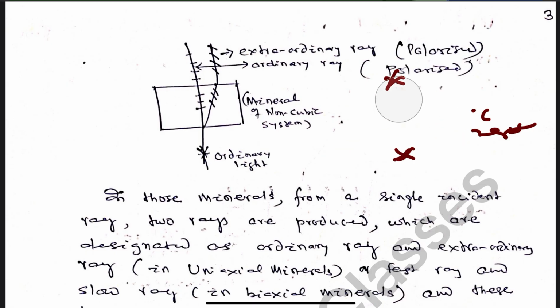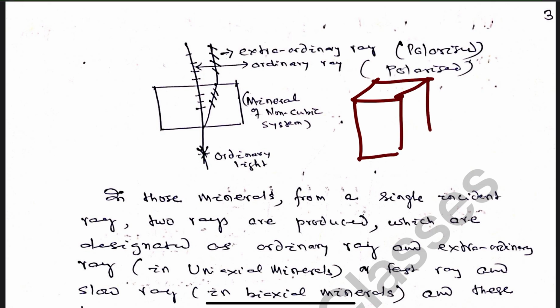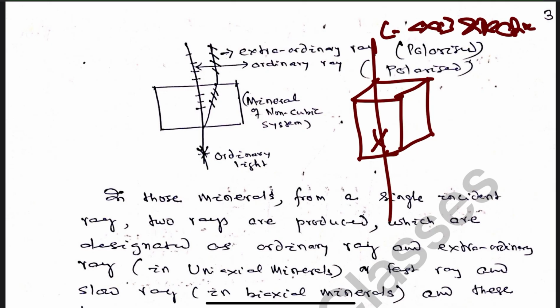But when you talk about the minerals of the tetragonal and hexagonal systems, which are said to be uniaxial minerals, in that case the c-axis direction is the direction along which there occurs no double refraction. This c-axis direction is called the optic axis direction, along which if light is moving, it is not found to be double refracted.